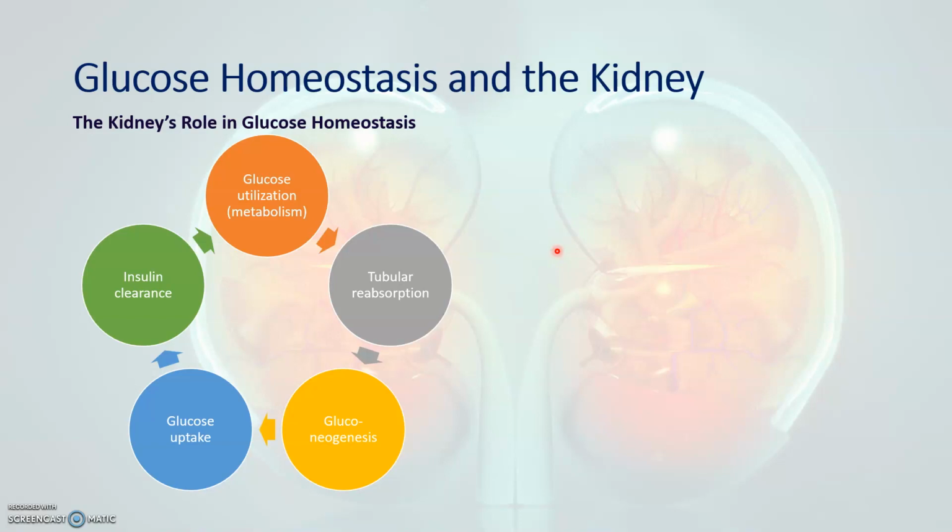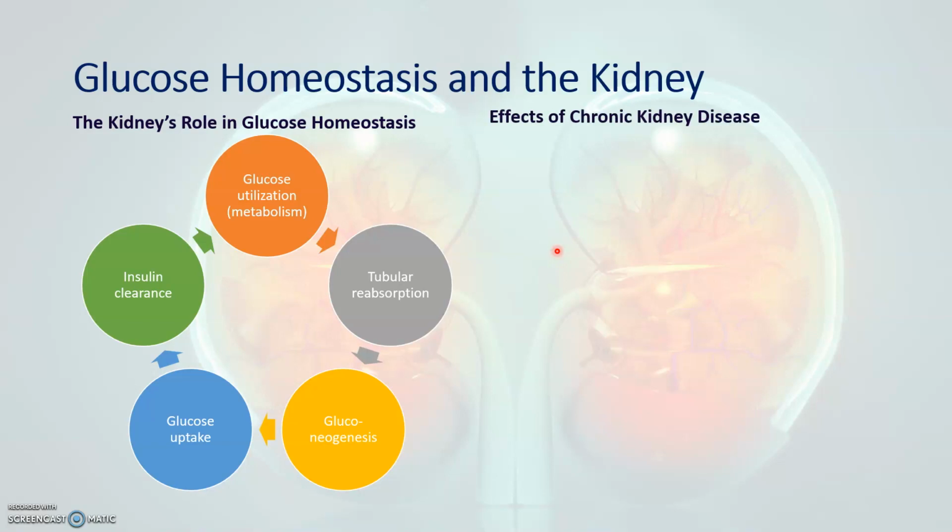The kidney is important in insulin clearance, so it is important in the excretion of insulin in the diabetic. And of course, it's a major source of glucose metabolism in the body. It gets its energy from glucose, the kidney.